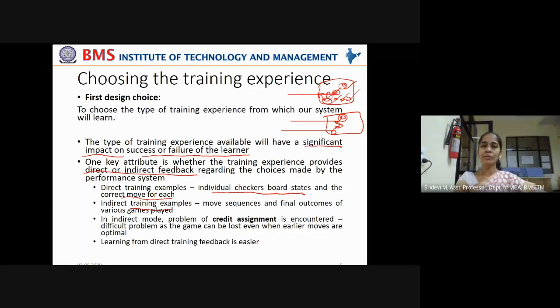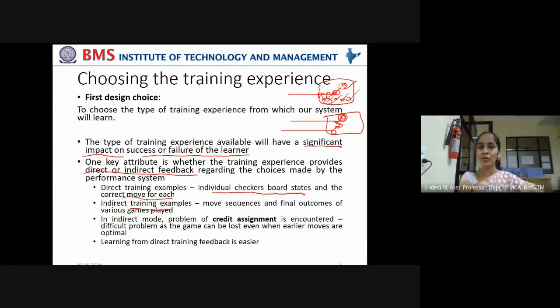And the final outcome: by taking this particular step in the beginning and following these sequence of steps, it has won the match. That is called the move sequence and the final outcome of various games played with different move sequences. These are indirect training examples.